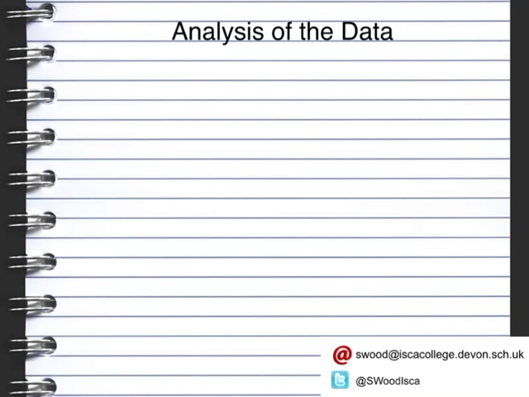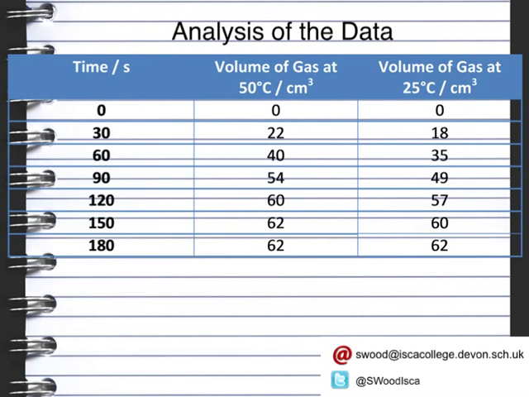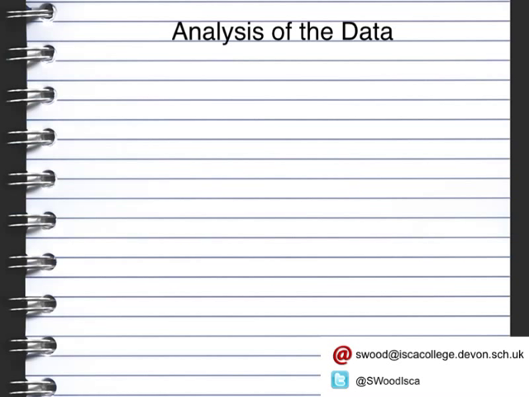Now, what we're going to do is have a look at a set of data. We've got a set of data here where we've got the time that we've taken a volume of gas. We've recorded the volume of gas at two temperatures, at 50 degrees and at 25 degrees. Now, I'm going to get rid of this data, and I'm going to draw a set of axes.